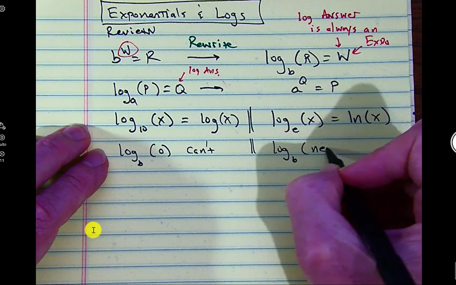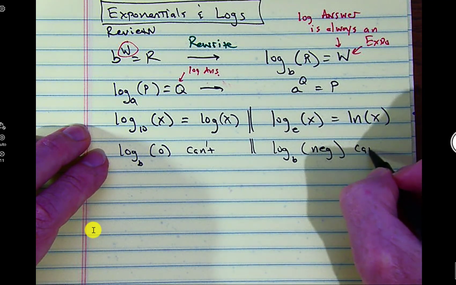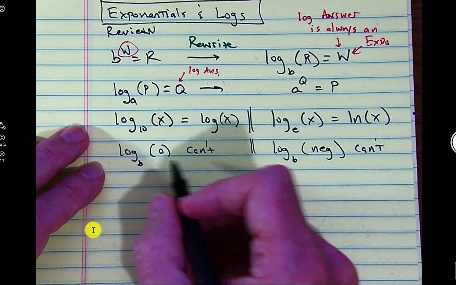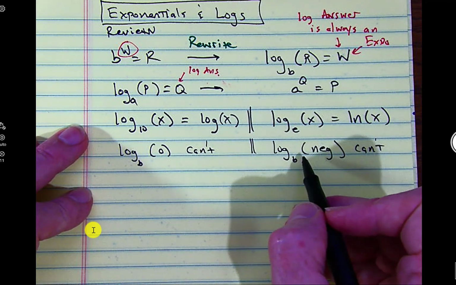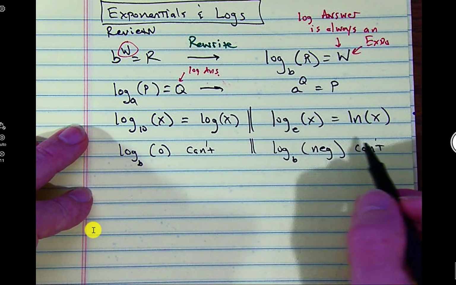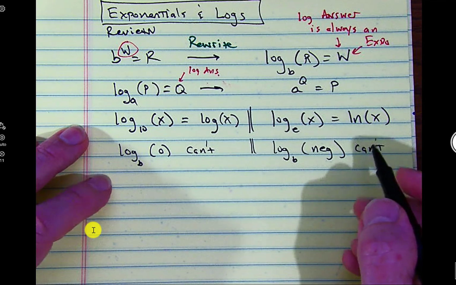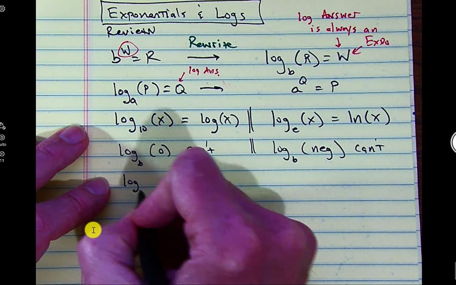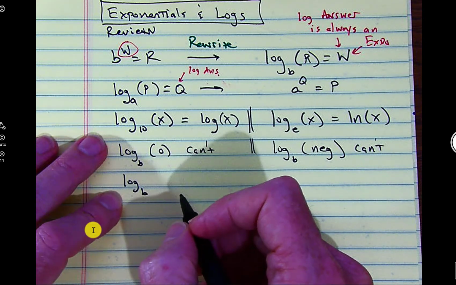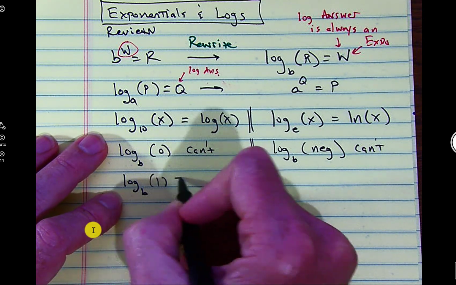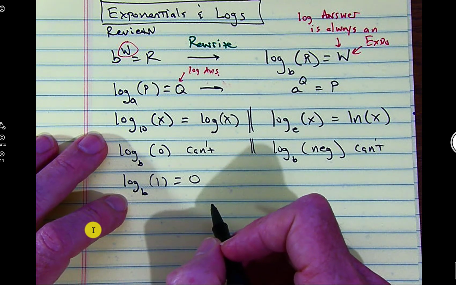Log base b of a negative, can't do it, it's an error. Putting a negative or 0 in a log is not in the domain, and it's going to give you a domain error. Log base b, though, of 1 equals 0. That's doable.